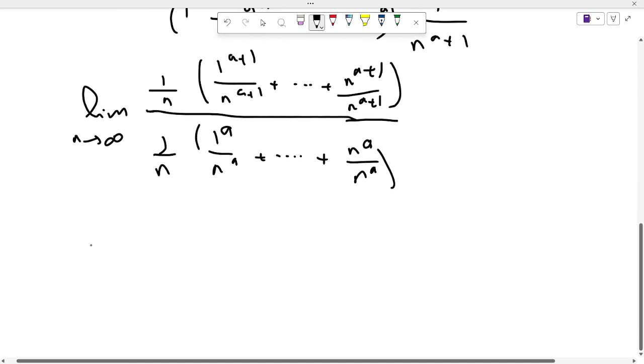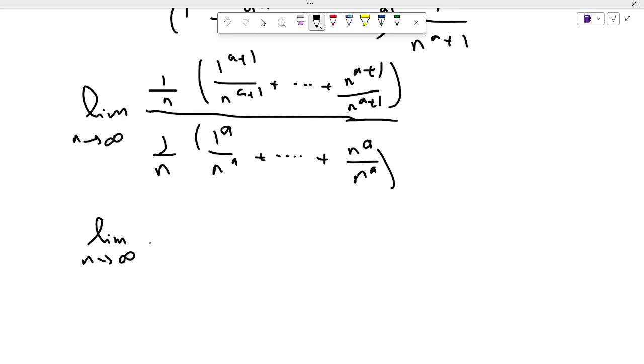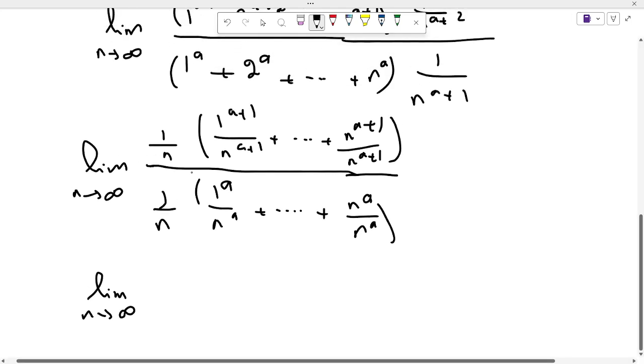So now we can rewrite this as the limit as n goes to infinity of, first of all, let's rewrite this sum.